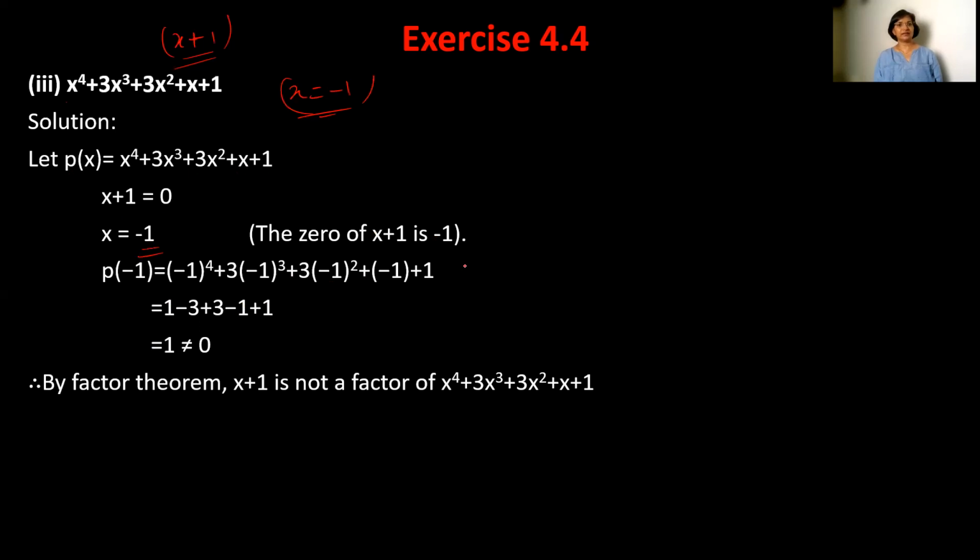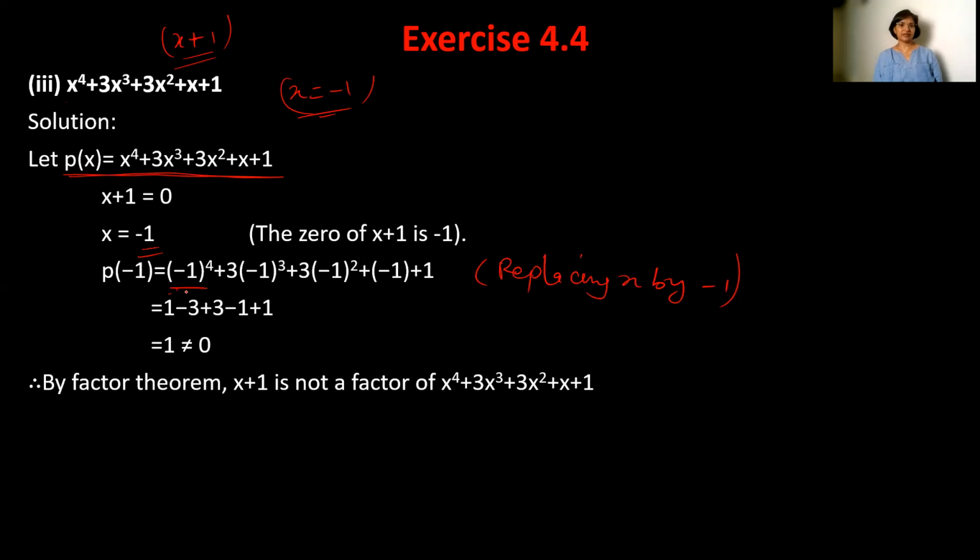Here again, replacing x by minus 1, right? So in this equation, we are putting minus 1 in place of x. So p(minus 1) equals minus 1 raised to power 4 plus 3 into minus 1 raised to power 3 plus 3 into minus 1 square plus minus 1 plus 1.